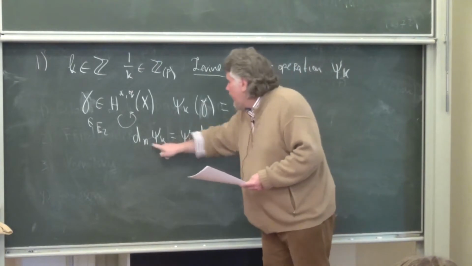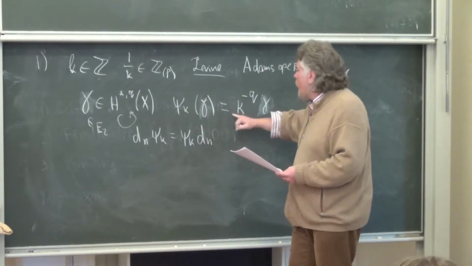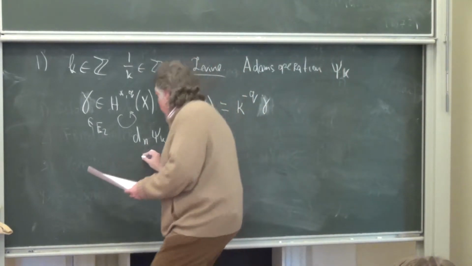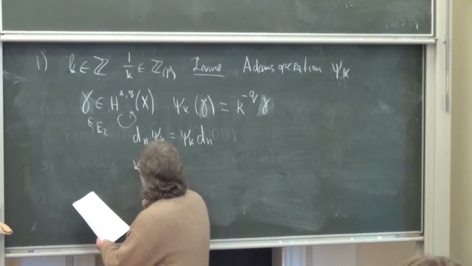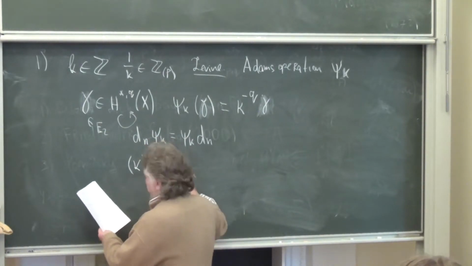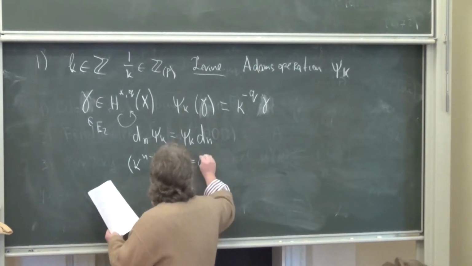So what we can exclude from here, we know how psi k acts on gamma. So we can write that k power n minus 1 kills dn.